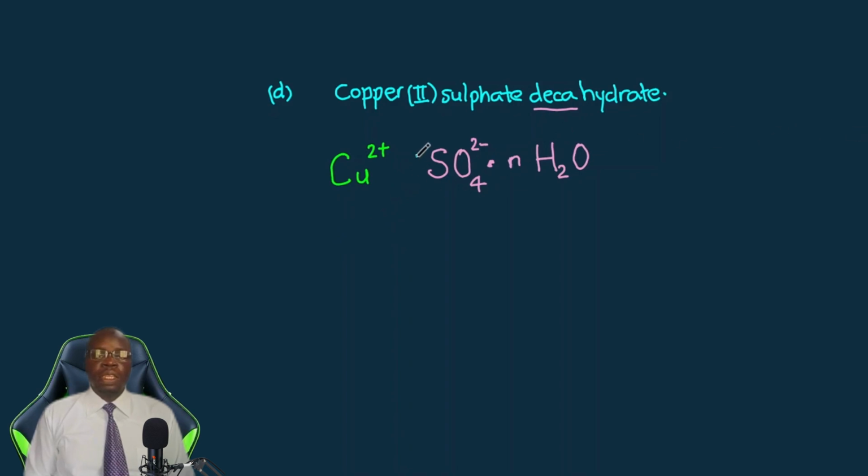So this interchange will also take place. Here we have 1, 1, because these two will just neutralize. And finally, you realize that copper(II) sulfate has this formula like that, then a dot, then our number of water, that is deca, meaning 10.